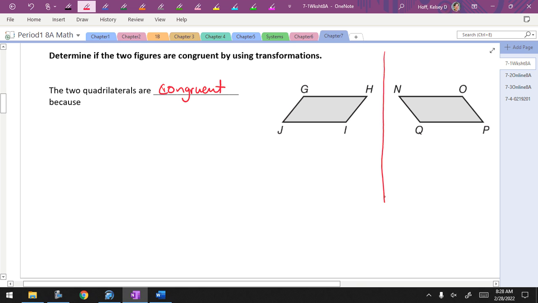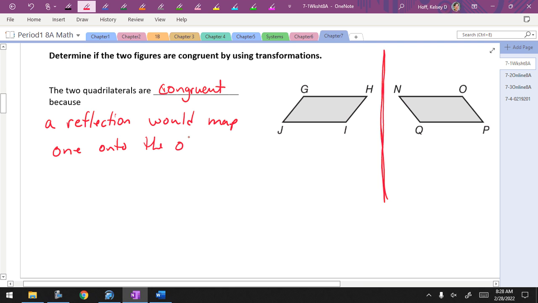I usually draw like a line right here, so I know if I flipped it over this line, it would absolutely match up because a reflection would map one onto the other.